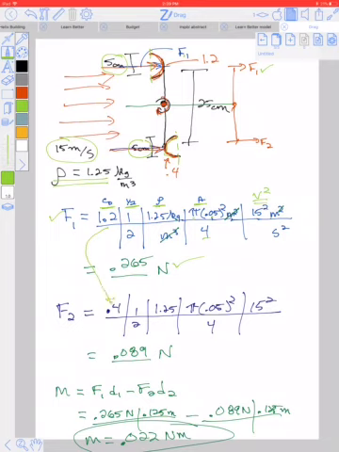Everything else stays the same. F1 is 0.265 newtons, F2 is 0.089 newtons. Now, to find the moment, force times distance minus force times distance. The distance is half, 25 centimeters. F1 times D1 minus F2 times D2. And the moment is 0.022 newton meters. Have a good day.